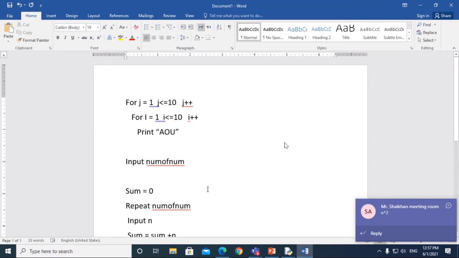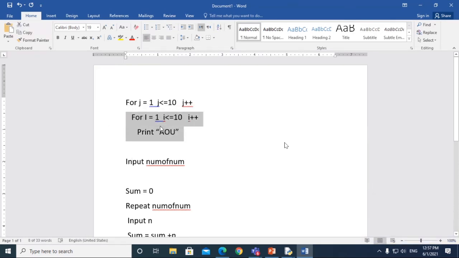You can write a very simple program now. You will discover that AOU will be printed 100 times. That one will be repeated 10 times, and those 10 times will be repeated another 10 times. So it will print AOU 100 times.